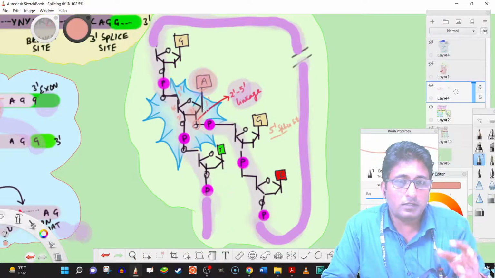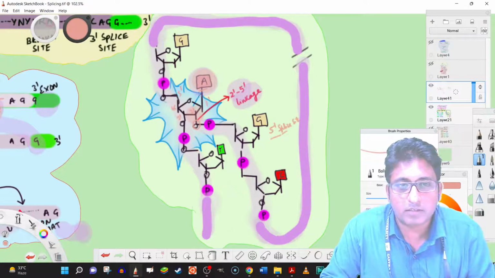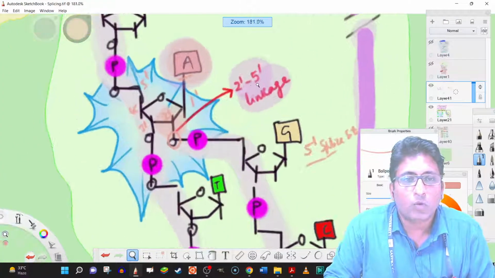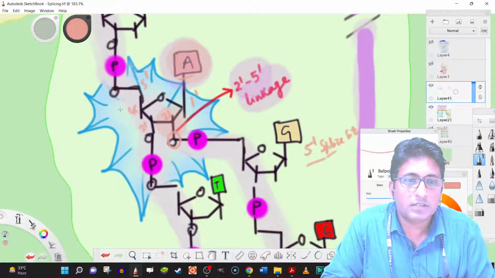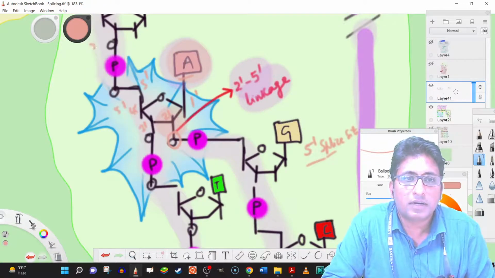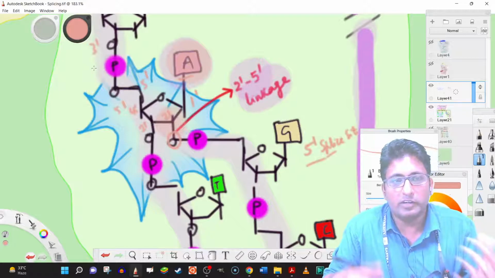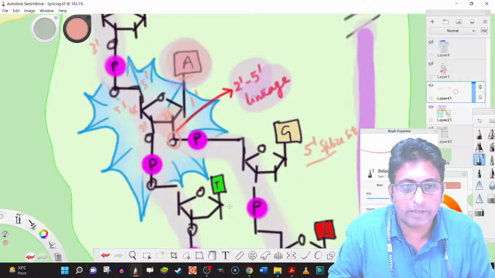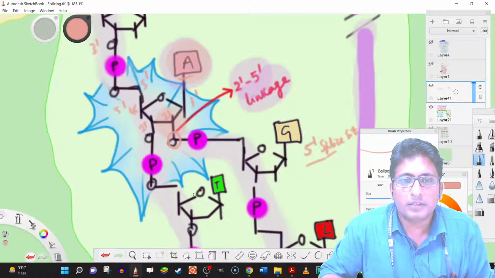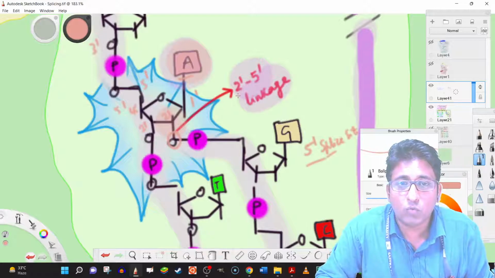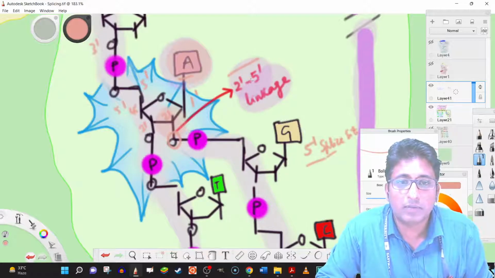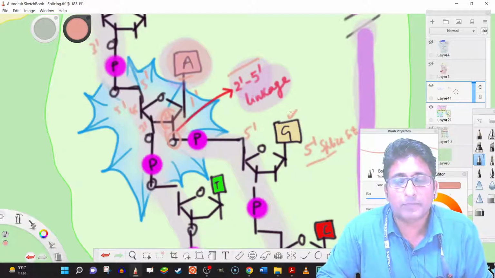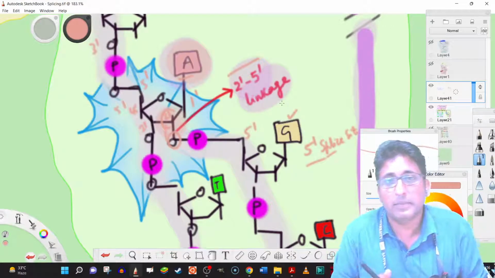So there are two different types of linkages present here. One is the 5' to 3' linkage, but you can call it the reverse way, 3' to 5' linkage as well. And now we have a new one, that is the 2' to 5' linkage, because this is the 2' and it is linking with the 5th carbon of the guanine here, so we call it a 2' 5' linkage.